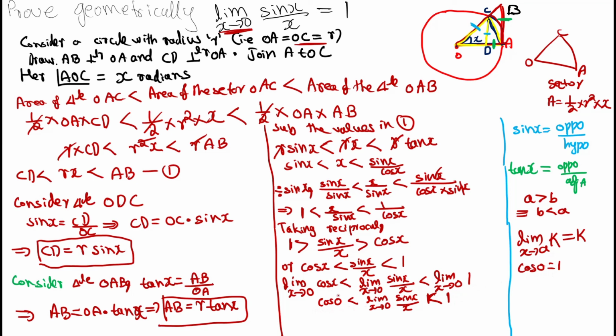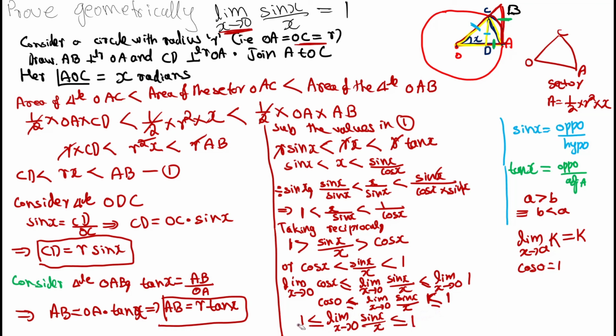One more important observation: after applying the limit, the strict inequality can be taken as a slack inequality. So cos 0, which is 1, is less than or equal to the limit as x tends to 0 of sin x divided by x, which is less than or equal to 1. The limit of sin x by x is bounded between 1 and 1.